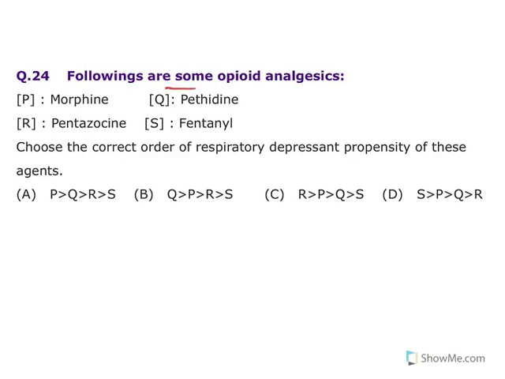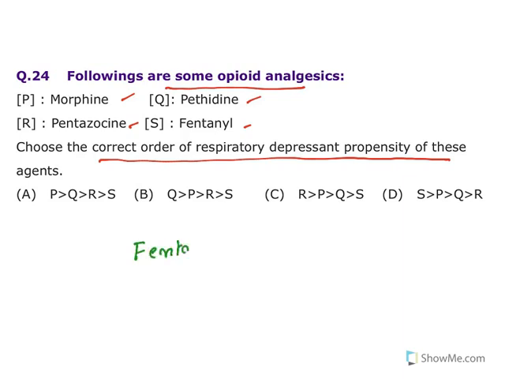Now, following are some opioid analgesics: morphine, pethidine, pentazocine, fentanyl. Choose the correct order of respiratory depressant propensity of these agents. Now, see, when you see the order, they follow a particular order. Out of all these opioid analgesics, fentanyl has a very powerful action. Fentanyl is 100 times more potent than morphine.